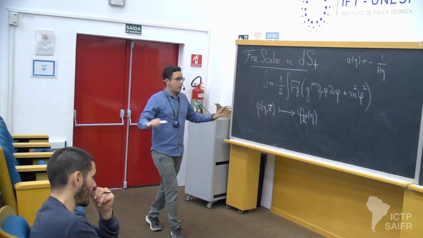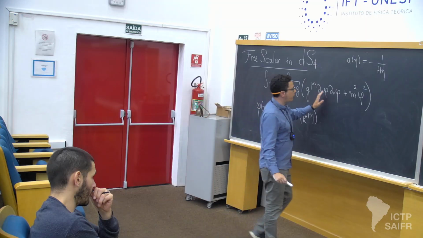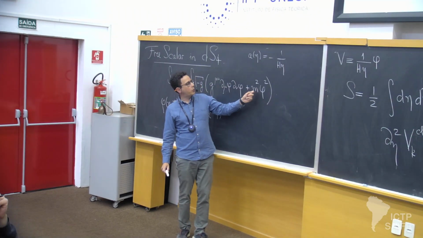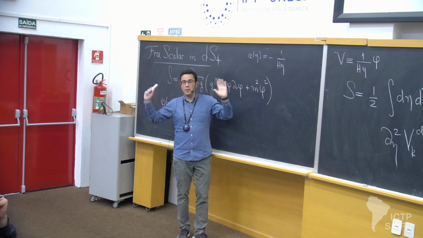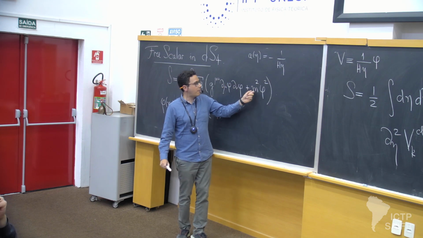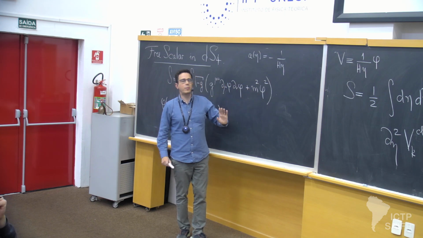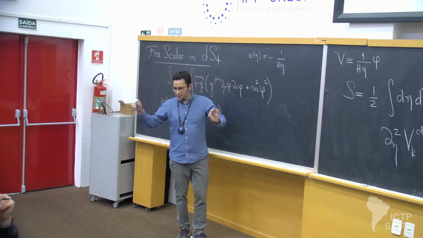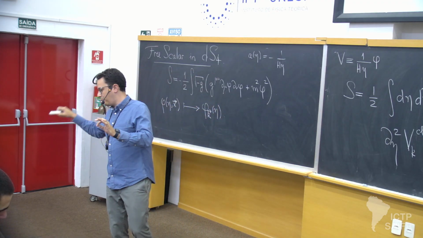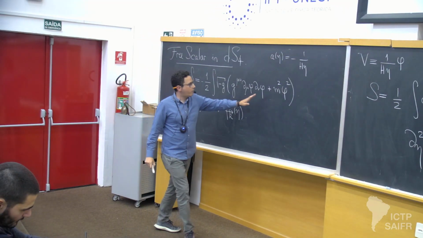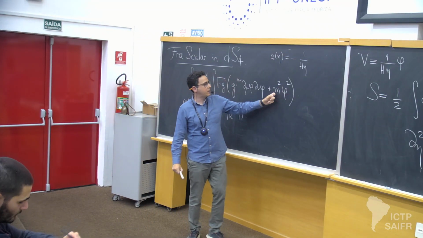In fact, the representation theory of scalars in de Sitter allows for any positive mass. It even allows for negative mass, but maybe you ask me later, okay? Some values of negative mass are allowed, but there are weird family members there. They are separated. But then there's a continuum from mass equals 0.